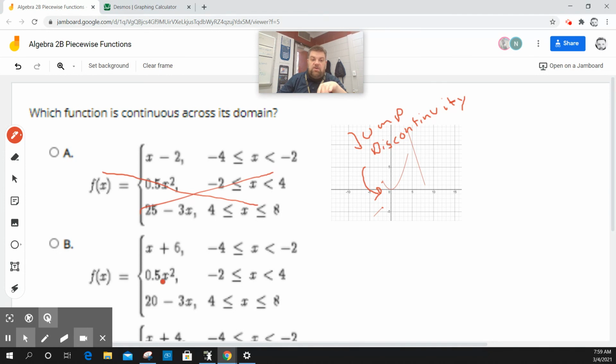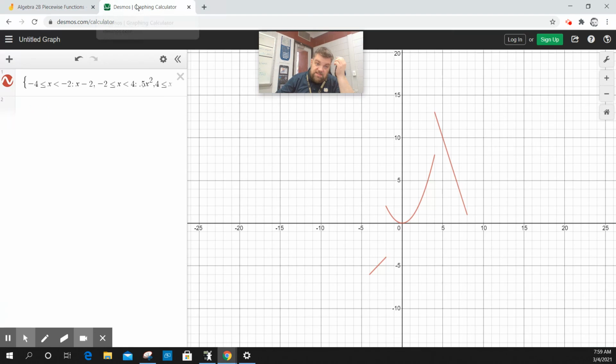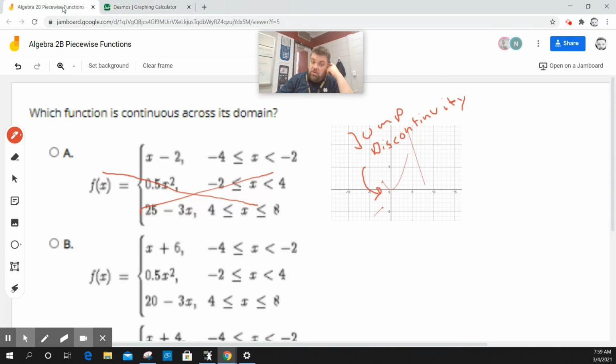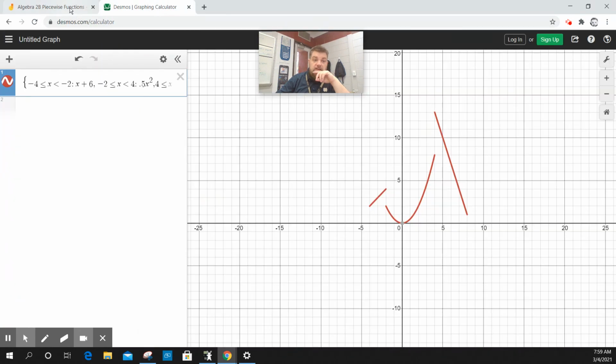Let's do B. So basically, just a couple of minor changes. x plus 6. So this one's going to be x plus 6. And then the next one is still 0.5 x squared, and then the 20 minus 3x.